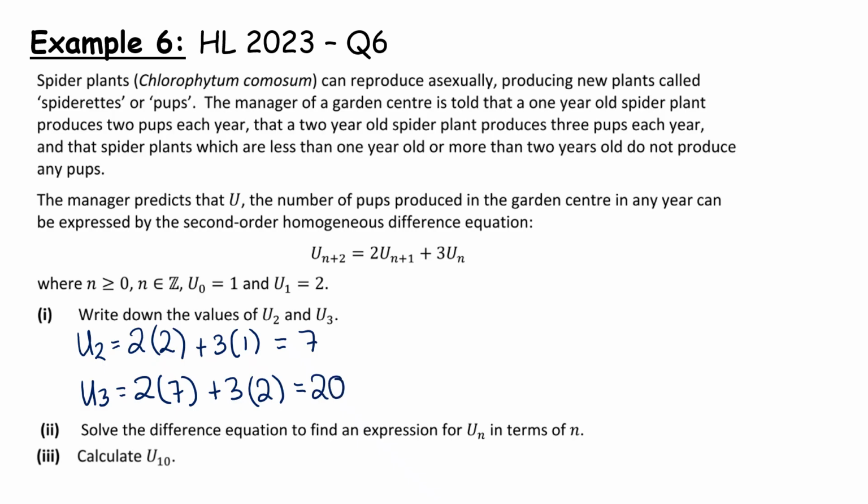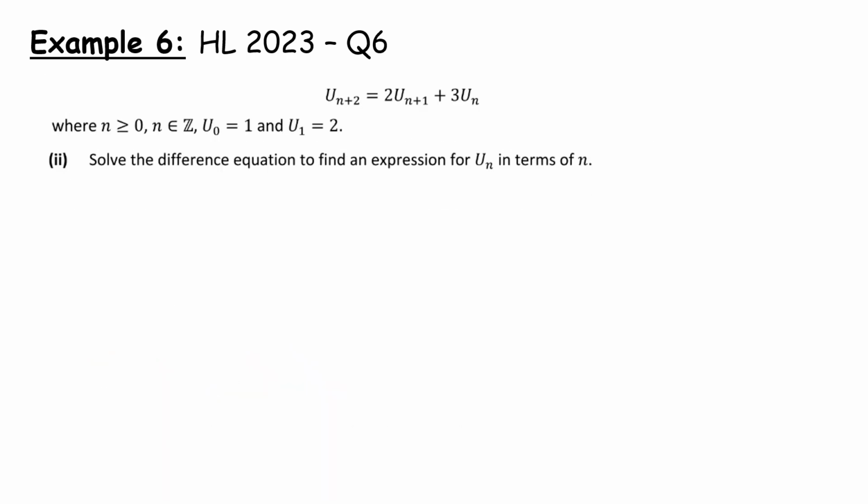The next part asks us to solve the difference equation to find an expression for un in terms of n. So getting rid of anything that isn't relevant and simply leaving our difference equation, we have u(n+2) = 2u(n+1) + 3u(n).